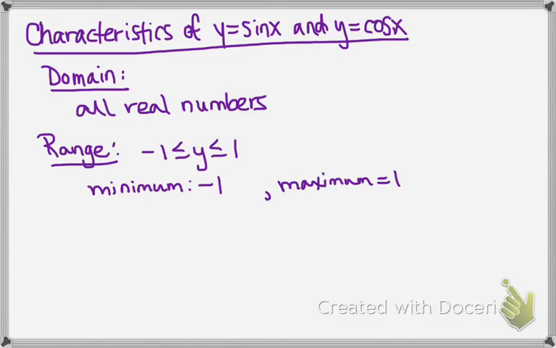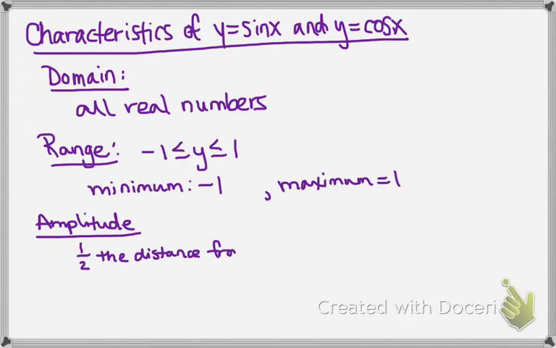A couple other characteristics of the sine and cosine curves are the amplitude. When looking at the sine and cosine, the amplitude is how high or how low the graph goes. So the amplitude is going to be equal to half the distance from the minimum to the maximum.